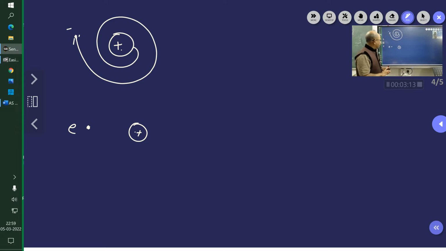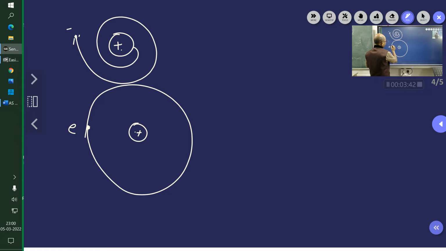So now you see, there is space between the electron and the nucleus. There is no doubt about it; the Rutherford experiment has clearly established that. But now the question is, if the electron has to be at some distance from the nucleus, then the only way is that it should move in a circular path.